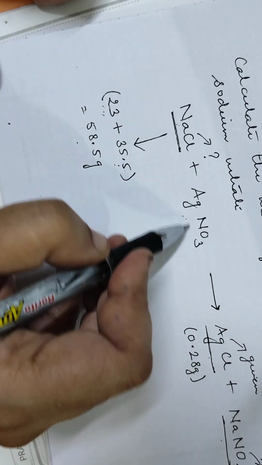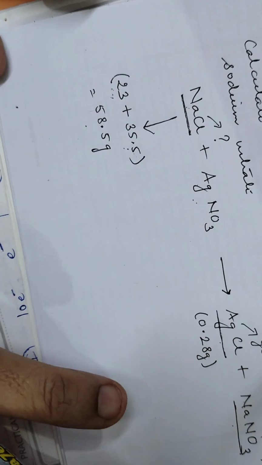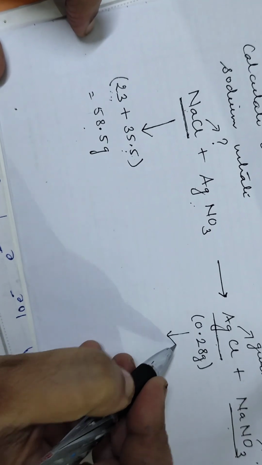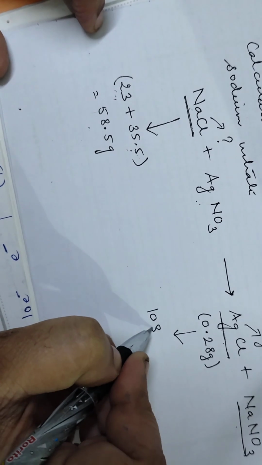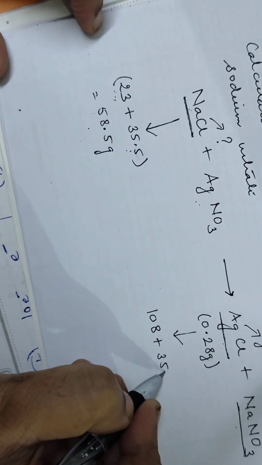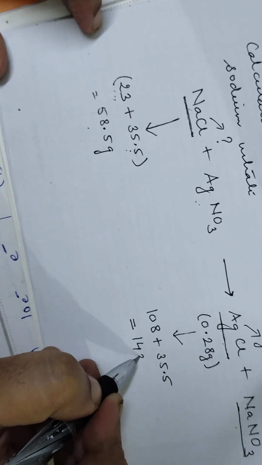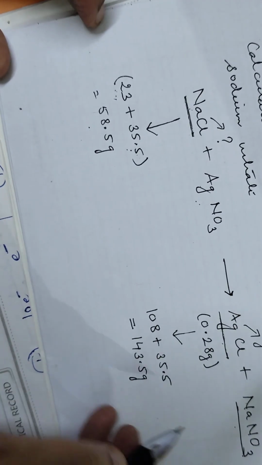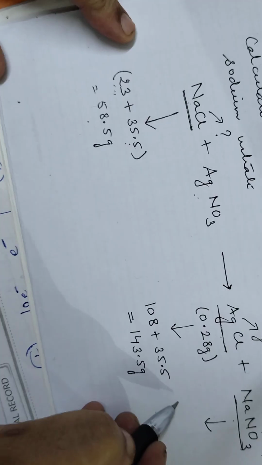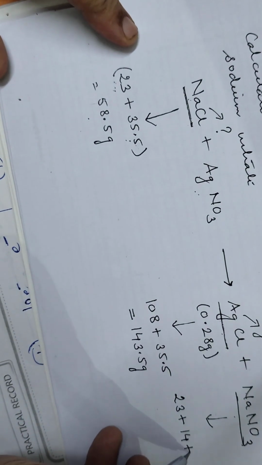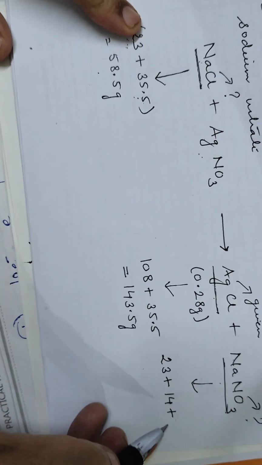Now AgNO3 से हमें कोई मतलब नहीं क्योंकि AgNO3 कहीं इन्वॉल्व नहीं है इस क्वेश्चन में. Now come to AgCl. In AgCl, silver has the mass 108 and chlorine has 35.5. So the mass becomes 143.5 gram. And NaNO3, sodium is 23, nitrogen is 14 and each oxygen is 16.